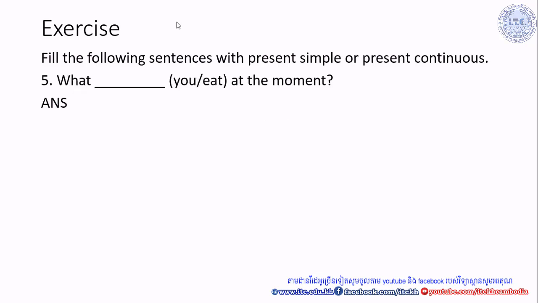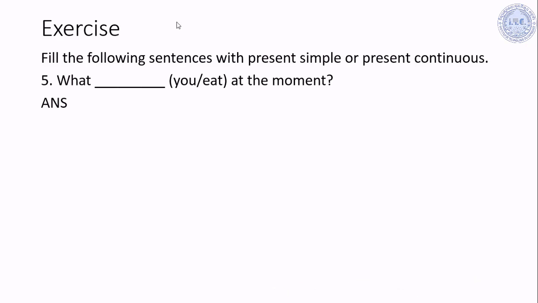Number 5, what you eat at the moment. So it is a clue word. When you see at the moment, you know that it's to talk about something that is happening right now. So when something is happening right now, you use present continuous. Because this is a question, you need be at the beginning, right?